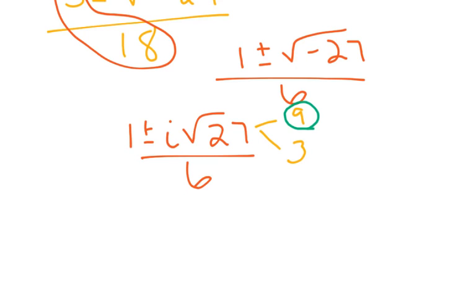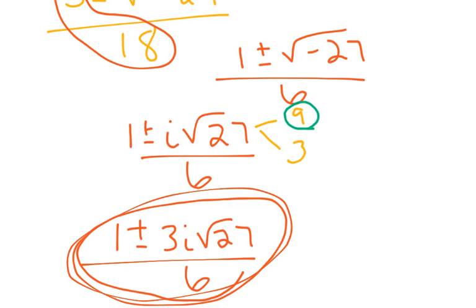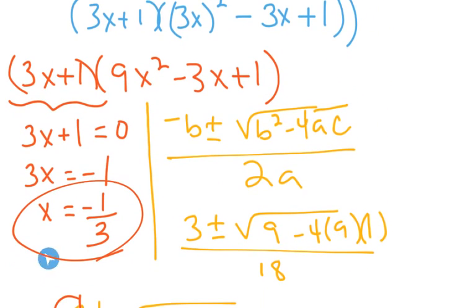So our final answer will be 1 plus or minus 3i root 3 all over 6. And I'm okay, this form for a final answer is okay by me. So we have 1 solution, 2 solutions, and remember that third one way up here, 3 solutions. All right, thanks for watching.